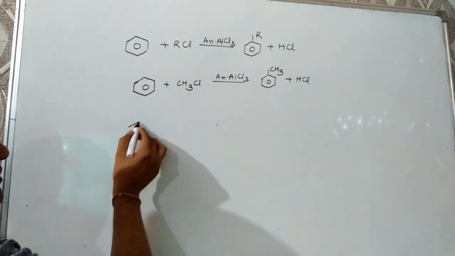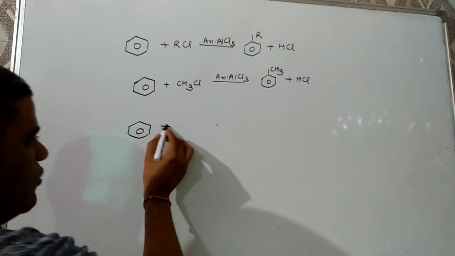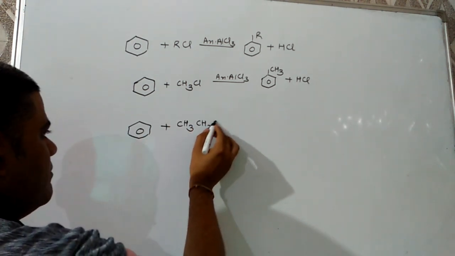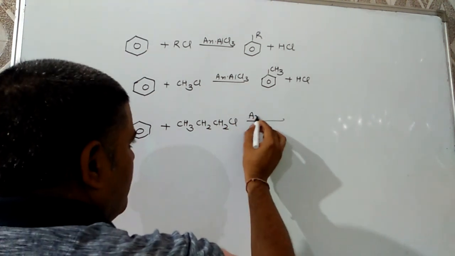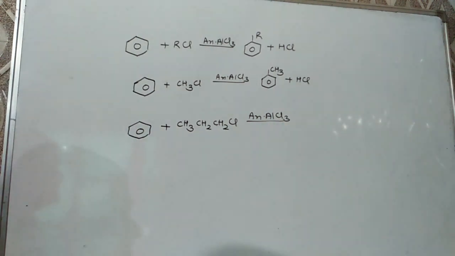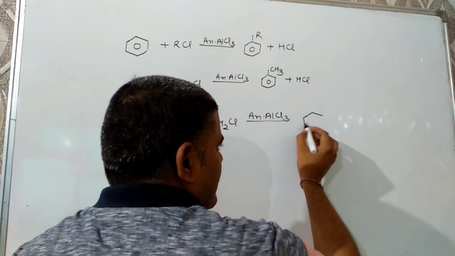Now, one more thing. What happens when benzene reacts with normal propyl chloride? Benzene reacts with normal propyl chloride in the presence of anhydrous AlCl3.